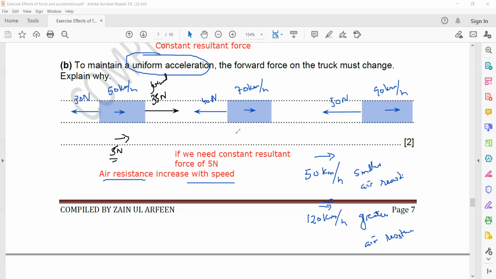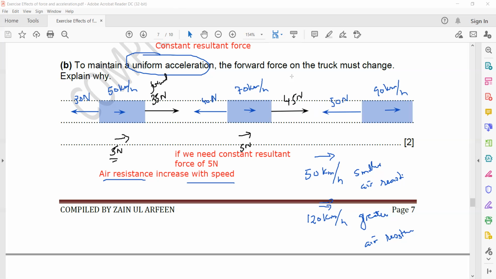We want a constant resultant force, for example 5 Newton. So what should be the driving force? How much should the driving force be so that we create a resultant force of 5 Newton? The forward force should be 45 Newton, so that the resultant force will be 5 Newton.